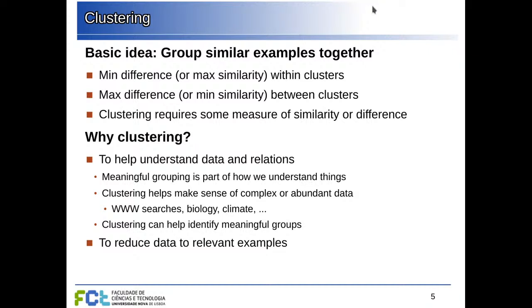This may help us understand the data, to help us deal with abundant data, because we may not want to deal with all the examples individually, but group them together and then just look at the groups and so on. So basically, the reason for clustering is, broadly speaking, to put things that are alike together and help us understand when the data is very complex.